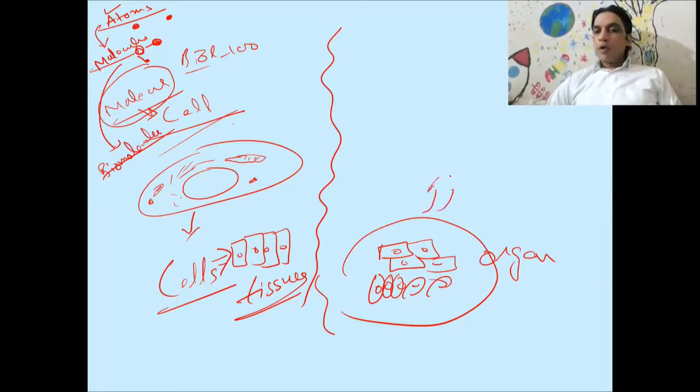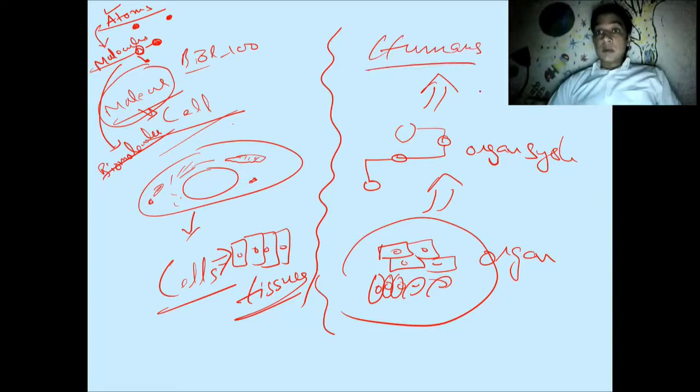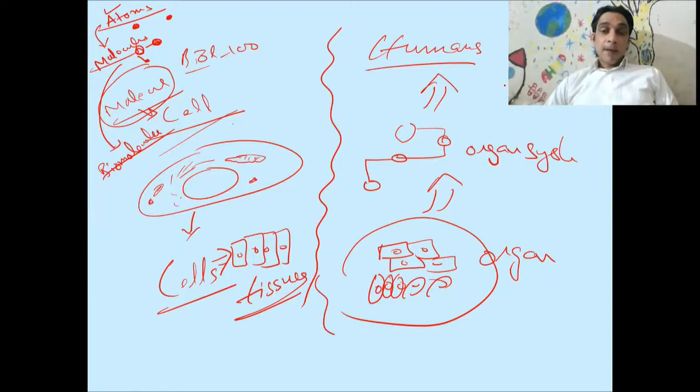And when different organs connect with each other, they create an organ system. And different organ systems are what create humans and other animals. So humans are the collection of different types of organ systems.